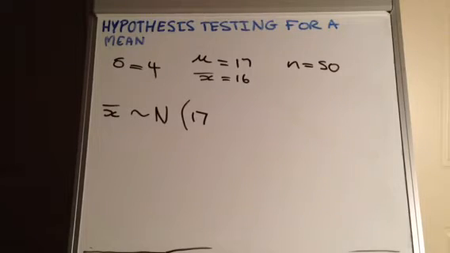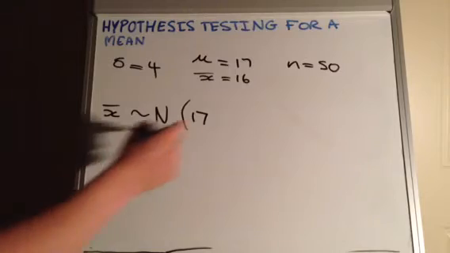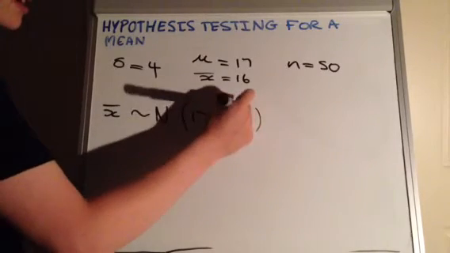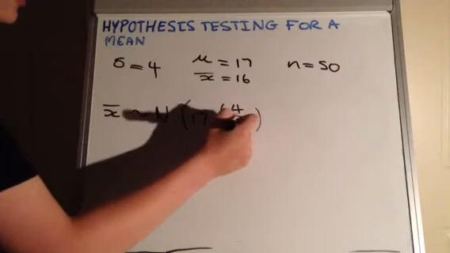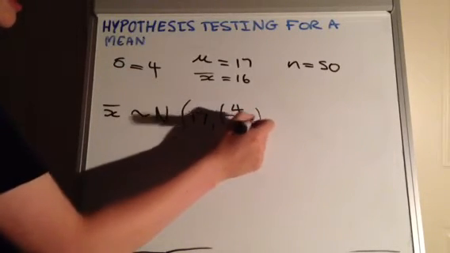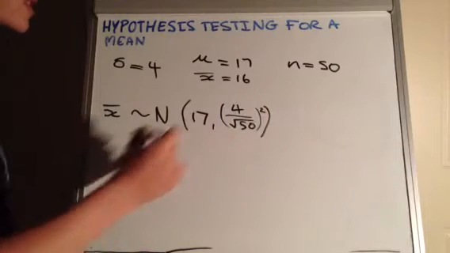And also our standard deviation has to be the sample standard deviation. So this is given by sigma, which is the population standard deviation, over square root n. And n is of course 50 because that's the size of our sample.